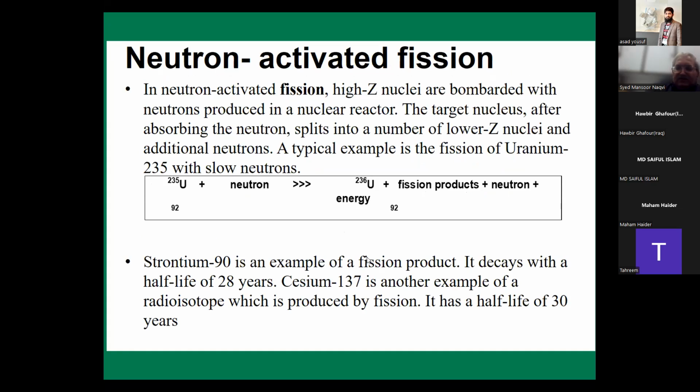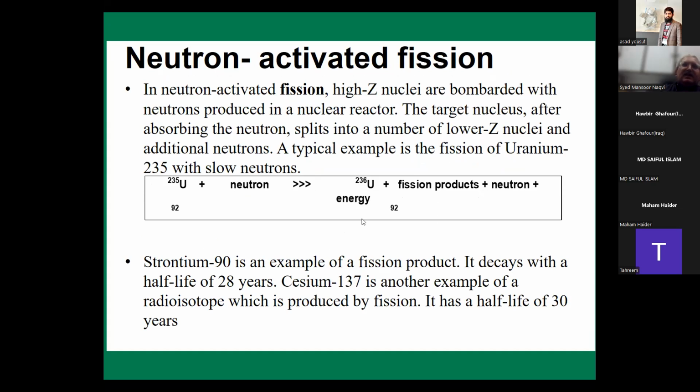Then another nuclear reaction which is generally carried out in nuclear reactors is the fission process, where a heavy nuclide is bombarded with neutrons, which results in the production of fragmented particles and neutrons. And to sustain a critical mass and chain reaction, we have to have a certain quantity of neutrons and a certain mass of the target.